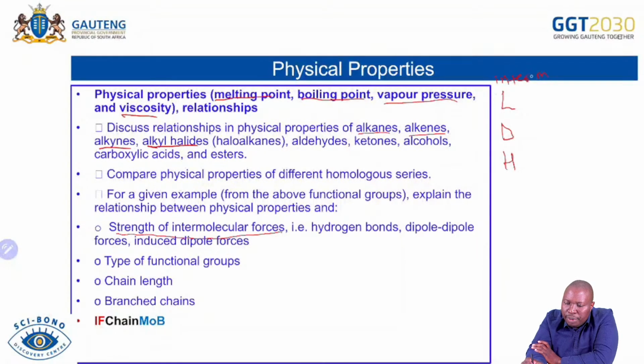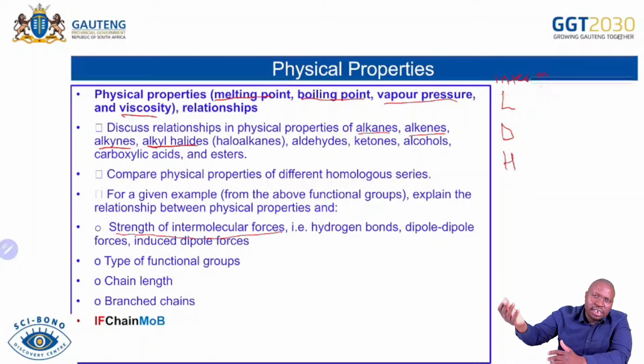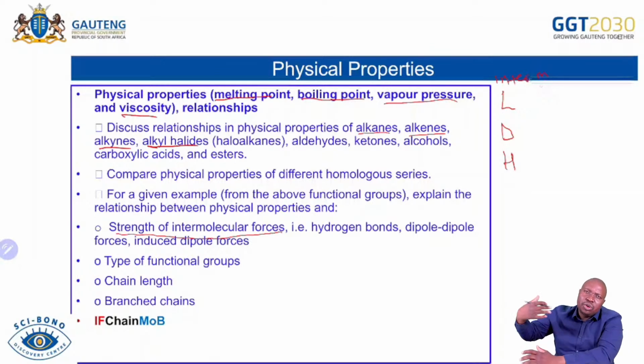Remember, for you to melt ice, you must first overcome the intermolecular force. Remember, ice is having hydrogen bonds. So the structure is very compact because the intermolecular forces are very strong in ice. Hence you need energy. You can put it in the sun because you are increasing the energy. When you increase the energy, you are overcoming the intermolecular force.